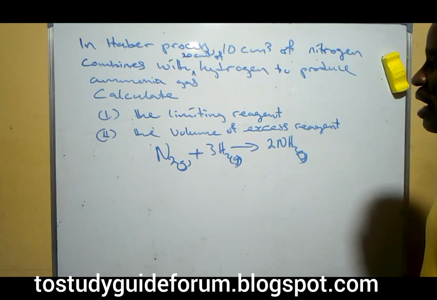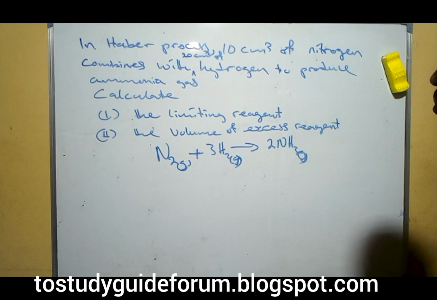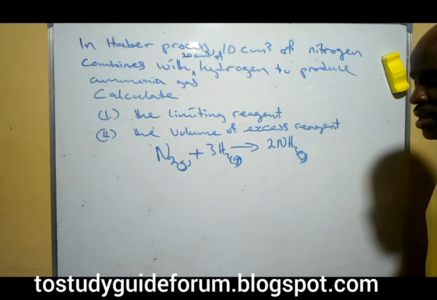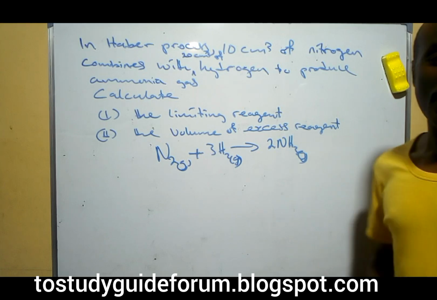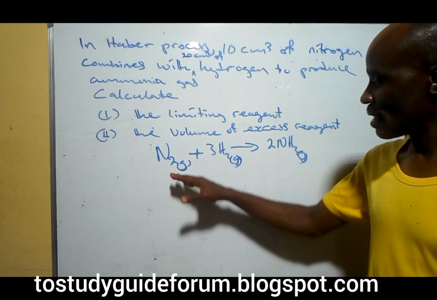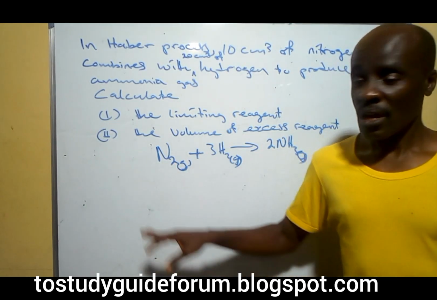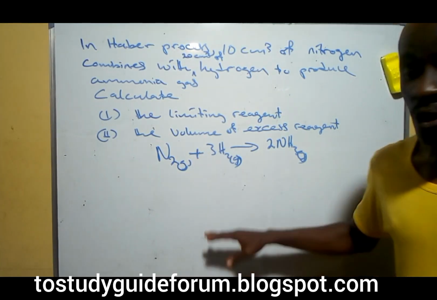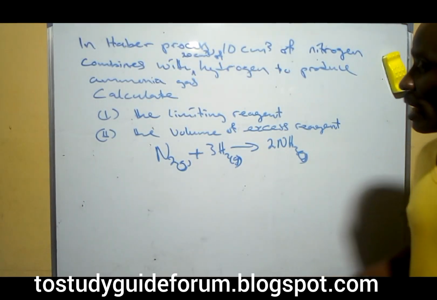They calculate the limiting reagent and then the volume of excess reagent. Now we have the chemical equation. From the chemical equation, it has to do with the stoichiometric relationship between reactant and product, so you need to consider the stoichiometric ratio of each of the reactants.